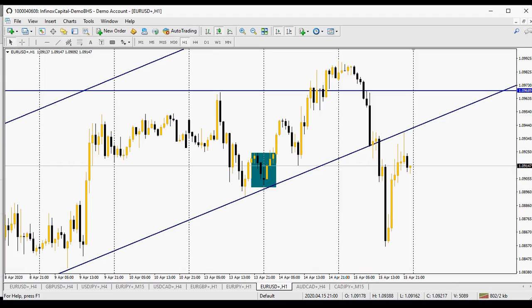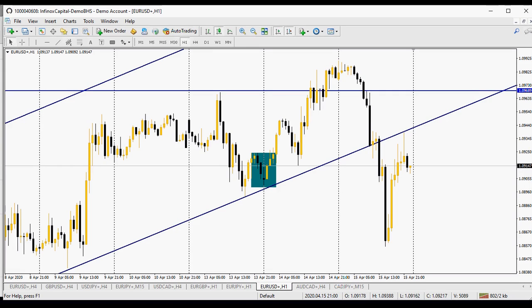You can see that we were in an uptrend before, and an uptrend forms higher highs and higher lows. You can see higher high, higher low, higher high, higher low, higher high. However, that pattern was disrupted when it broke below and made a lower low, right here.